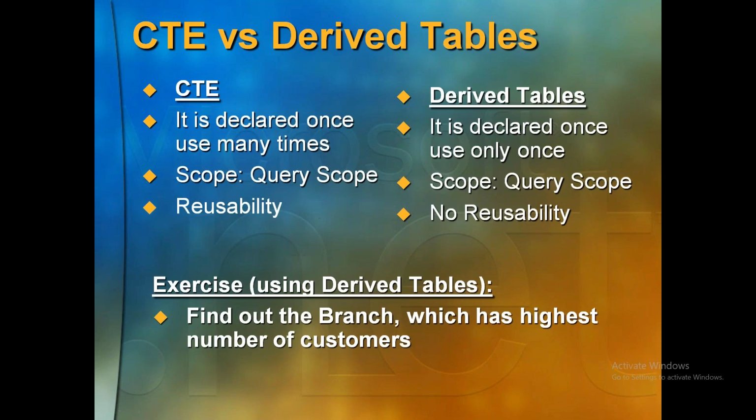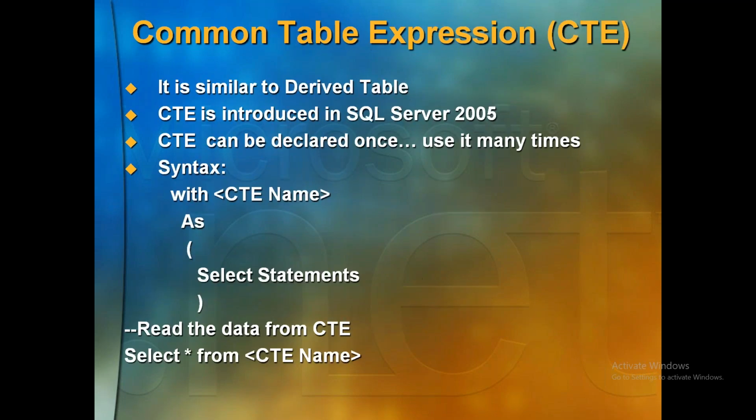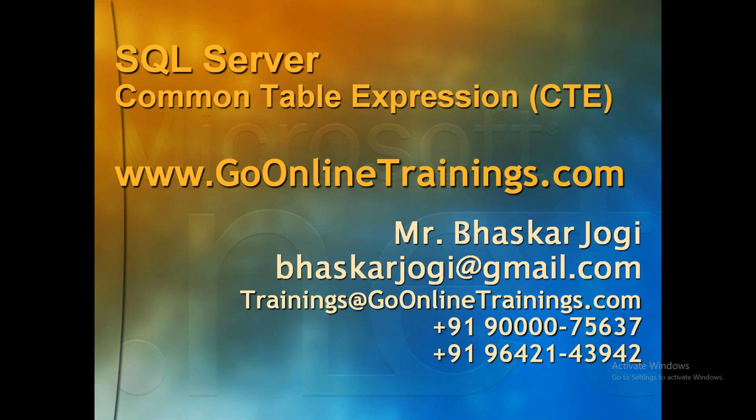Tomorrow we'll discuss what a common table expression is all about. It is a compulsory interview question. They would ask what a CTE is and when to use it, what a derived table is and when to use it, what a temporary table is and when to use it. All these are similar questions, with small differences here and there. We'll discuss that in tomorrow's class.